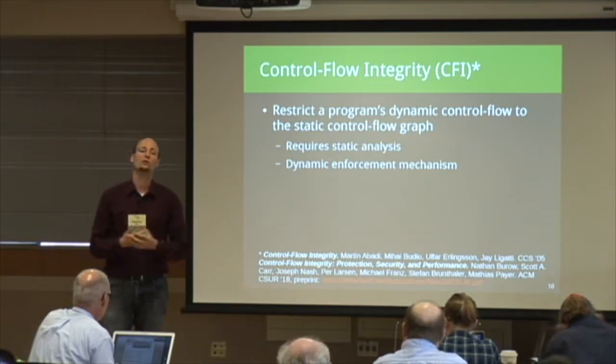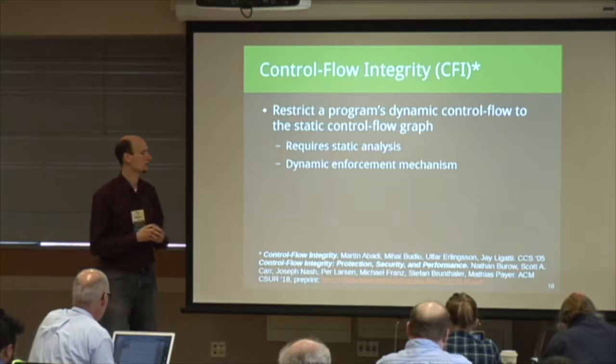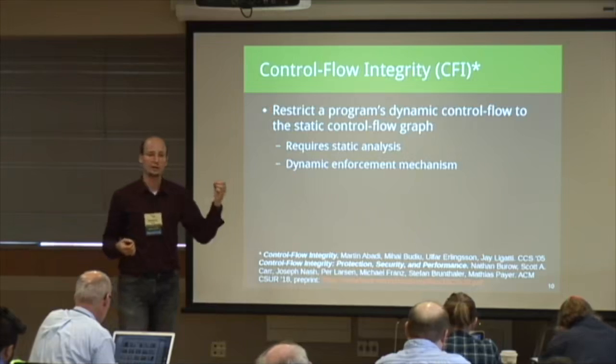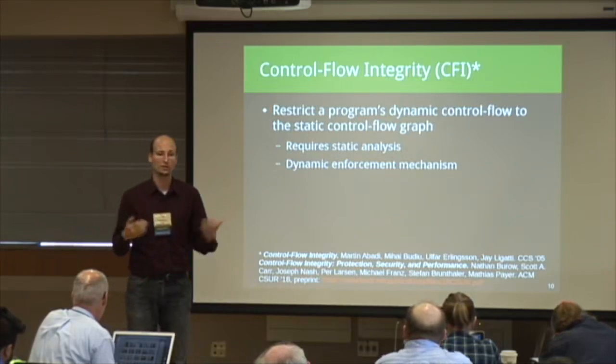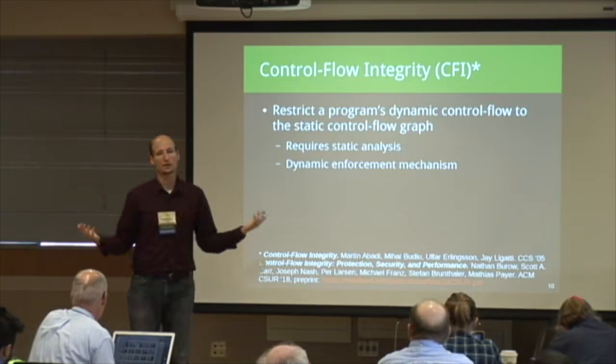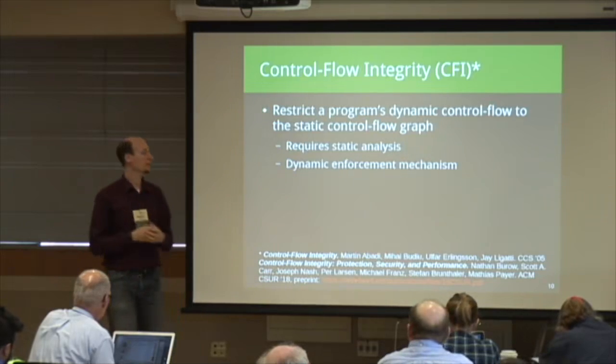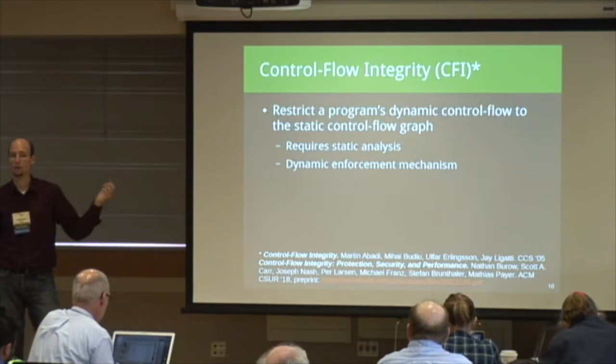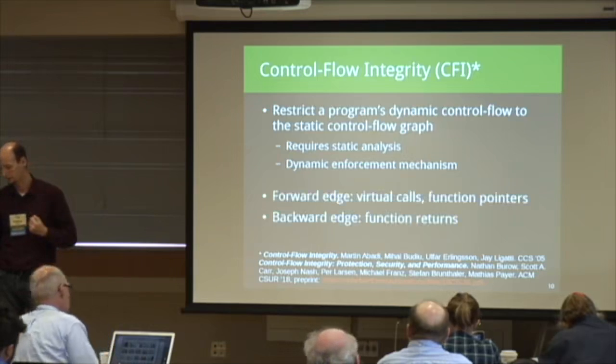So you're trying to get closer to the programmer intention with this mechanism. It requires a static analysis that figures out all the valid targets for each indirect control flow transfer, limits the amount of targets that can be used at runtime to the set of static targets. And then a dynamic enforcement mechanism that executes this actual check.